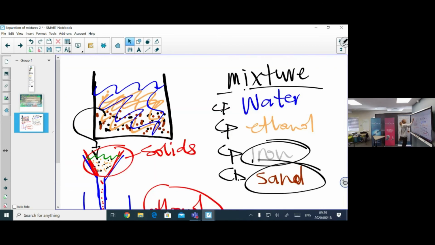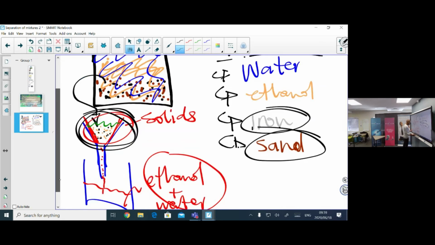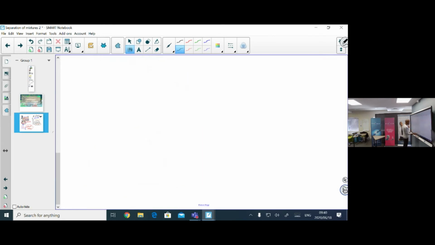So here we are having this mixture that has now collected. And how can we separate these two?